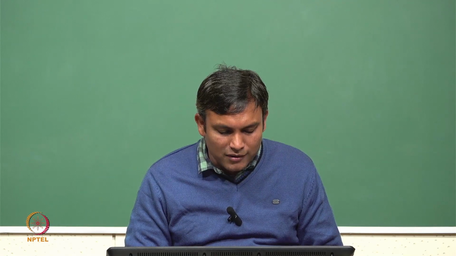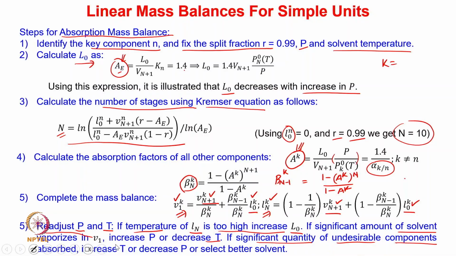Remember, we wanted the absorption of the desired component, not the undesired component. In that case we have to increase the temperature and decrease the pressure, or otherwise use a different solvent. So this is all about the mass balance for the absorption unit.